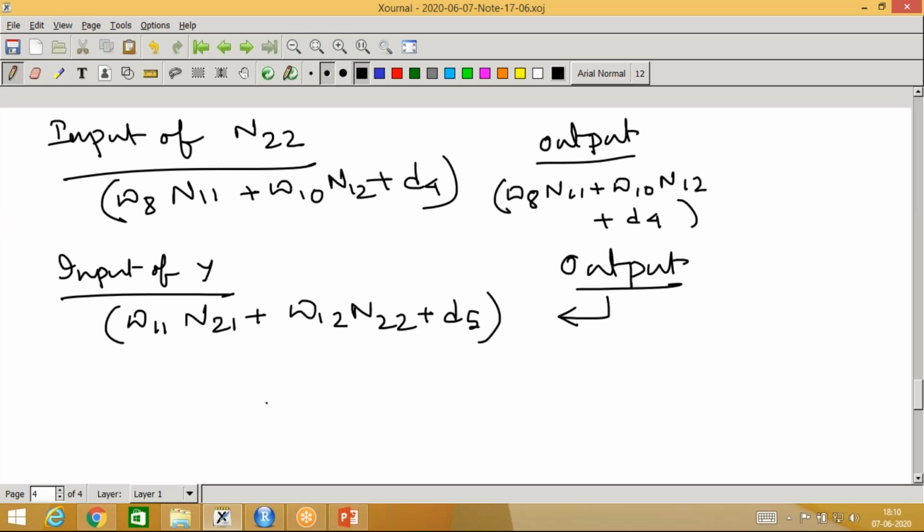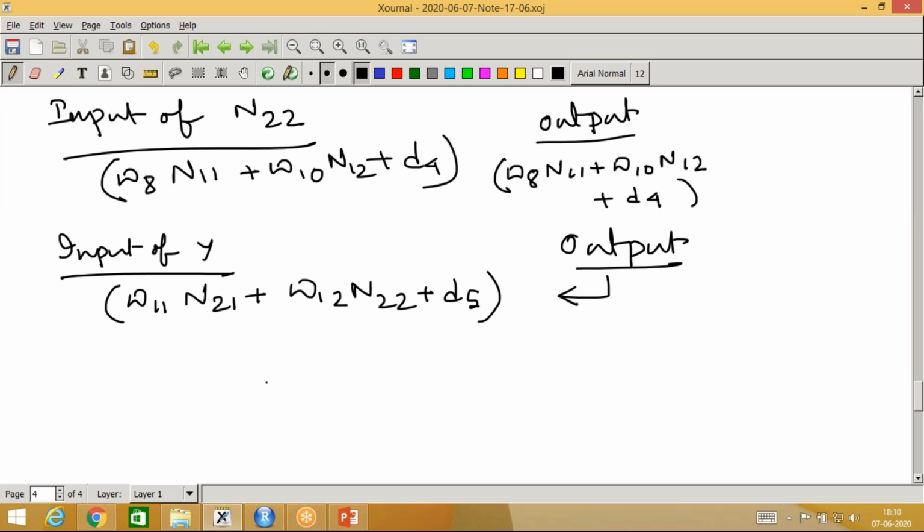Now, if I randomly put some values of W1 to W12, randomly, I will get some output of Y. If I randomly put from W1 to W12 and from D1 to D5 some value, will I get Y0 or not?